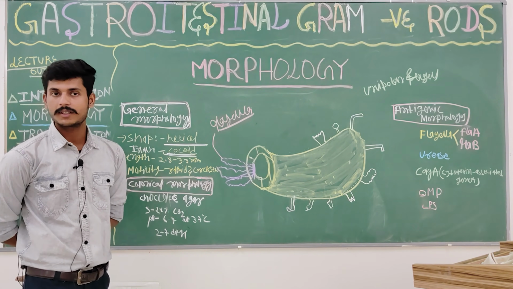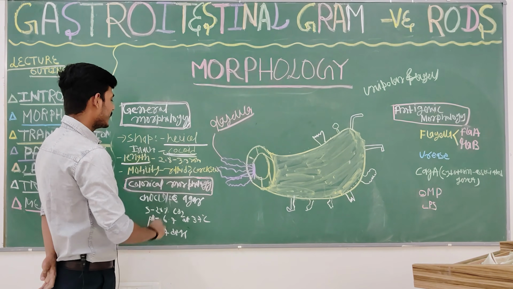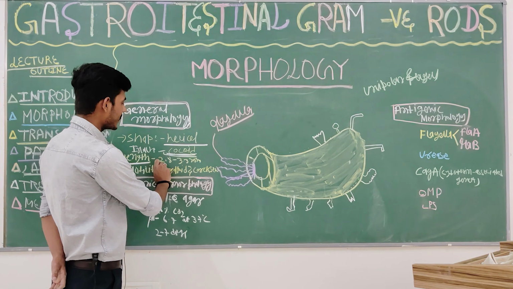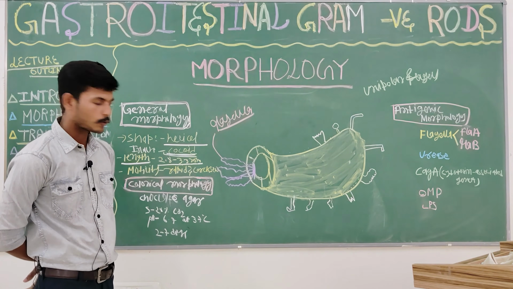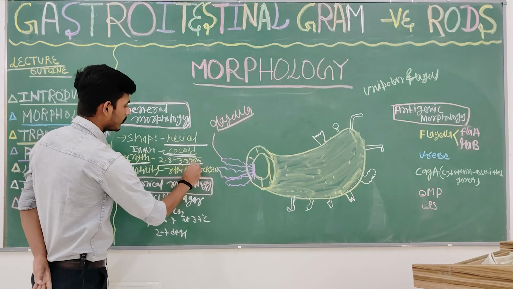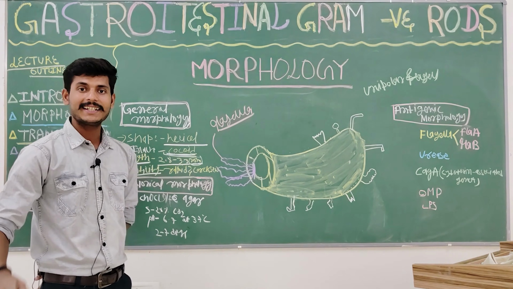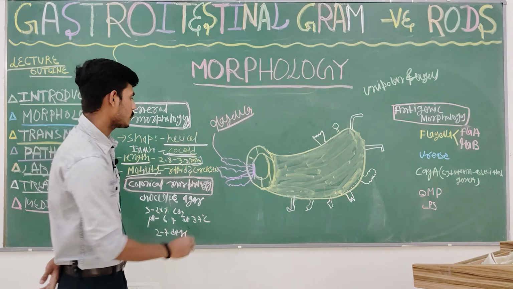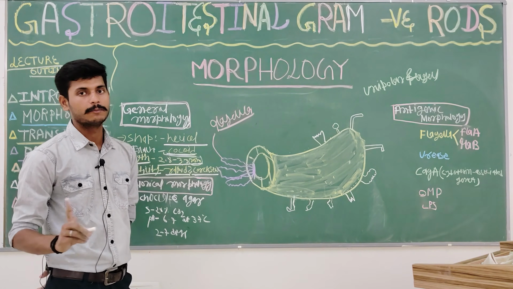Talking about their length, it varies between 2.8 to 3.3 micrometer. Their motility is rapid, remember, a corkscrew movement and rapid movement.